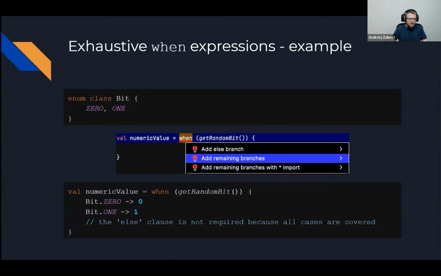When you do this, they get automatically generated. You can provide some implementation for each branch, and as you can see, the else branch is not required at all because the compiler understands that all the cases were already implemented and there is no other case.